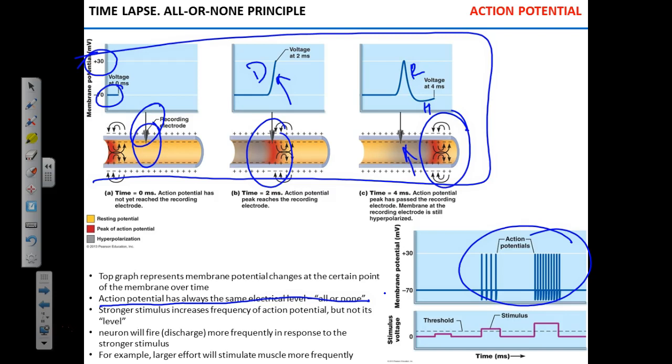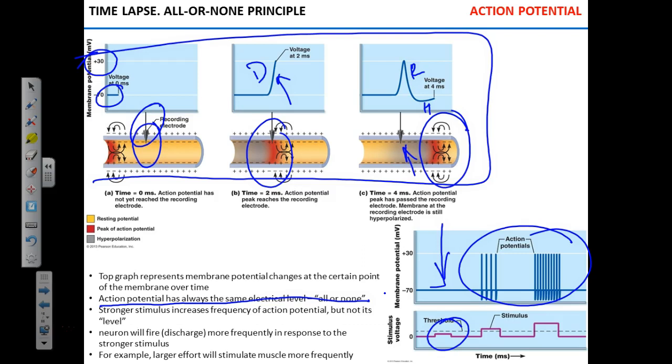Think about this. If the stimulus, whatever it is, maybe it's a touch, maybe it's a sound, maybe it's a light that gets into your eye, is weak and the depolarization of the membrane that it causes doesn't reach the threshold, there's going to be no action potential. Does that make sense?